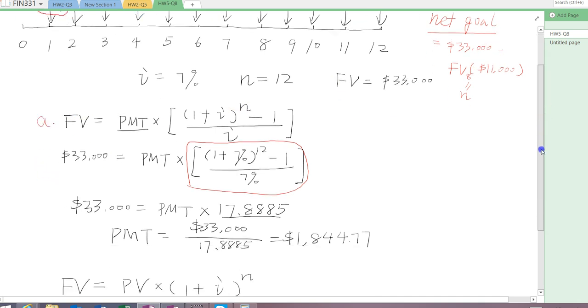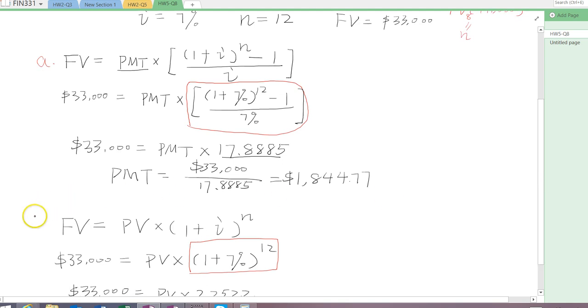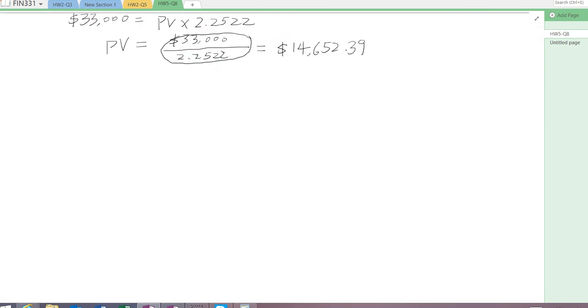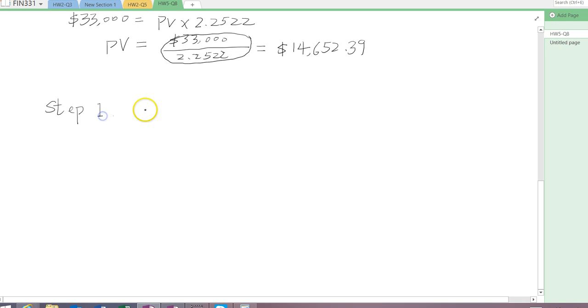So now let me do this calculation in my OneNote. Based on what I said, we can do this in 2 steps. Step 1 is to figure out the net goal.